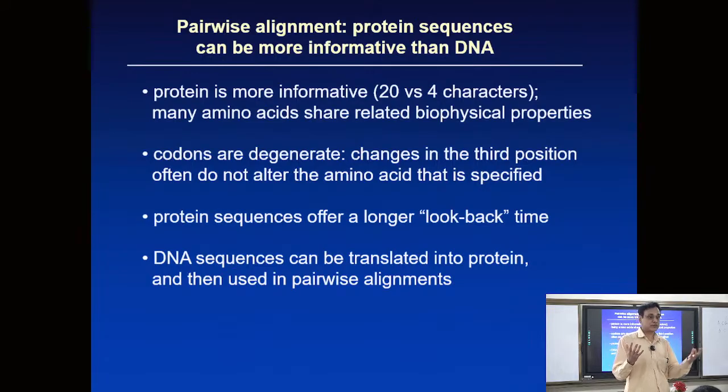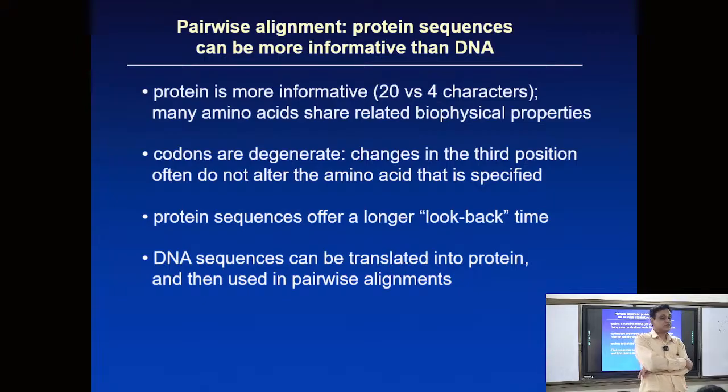So, they could have similar or related physicochemical properties. That is interesting because when you are performing protein alignment, this information can be leveraged, because if there are amino acids that have similar properties, in the course of evolution they may get replaced by each other without changing the function of the protein. So, that information can be utilized when you are performing protein alignment.